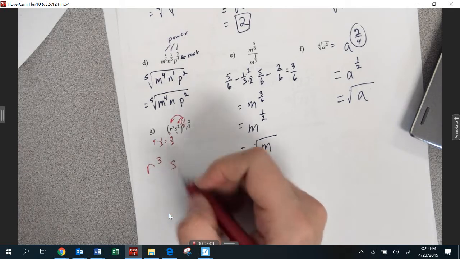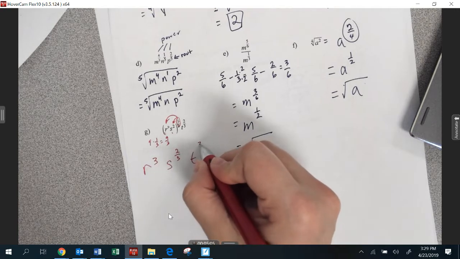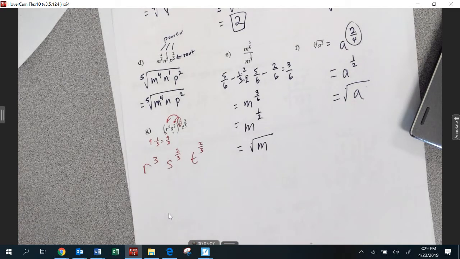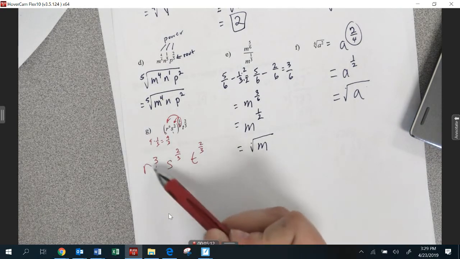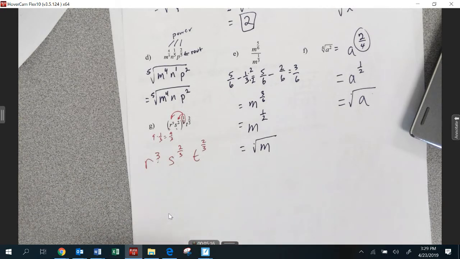And then 2 times 1/3 would just be 2/3. And then I've got t to the 2/3. Now this, I'm not going to simplify any further. r to the third power is as simplified as it can get.